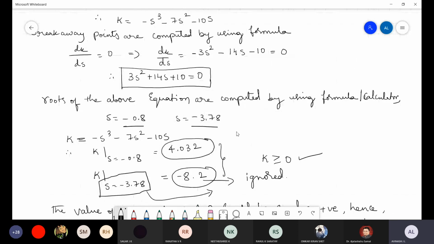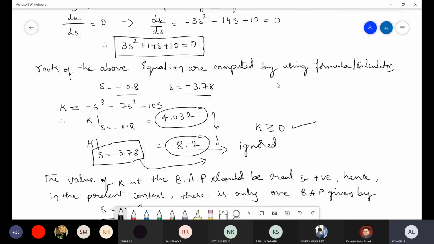The roots of the above equation can be computed by using the formula or calculator. We will use the calculator because the formula is once again a tedious job and is not required for numericals also. S equal to minus 0.8 and minus 3.78. Now whether we need to consider both or not is the question. To understand this, you substitute the value of s in the k equation to get the k value.